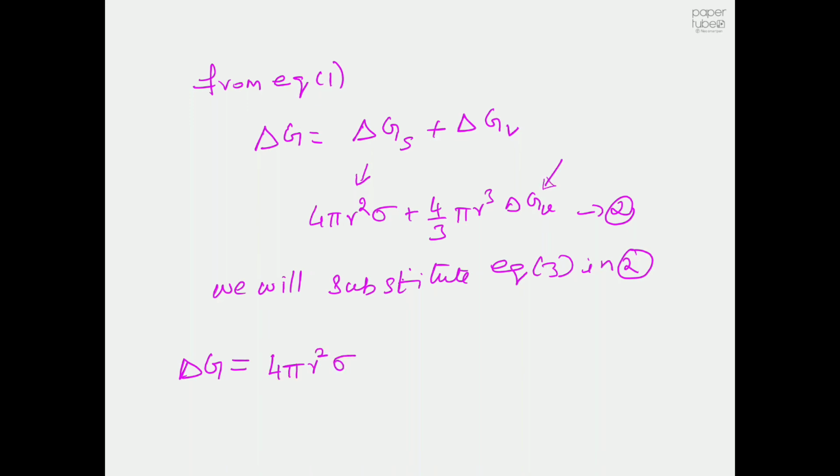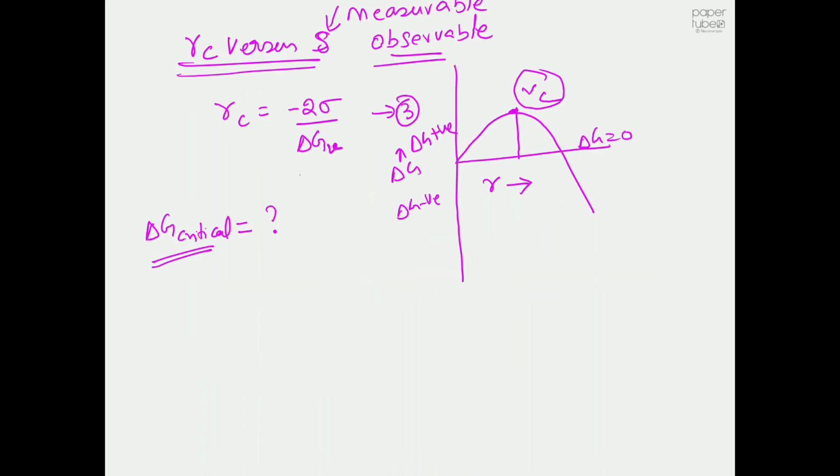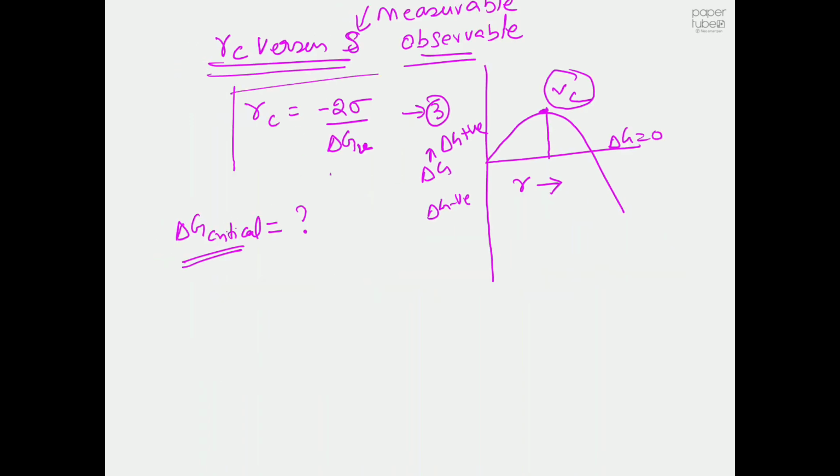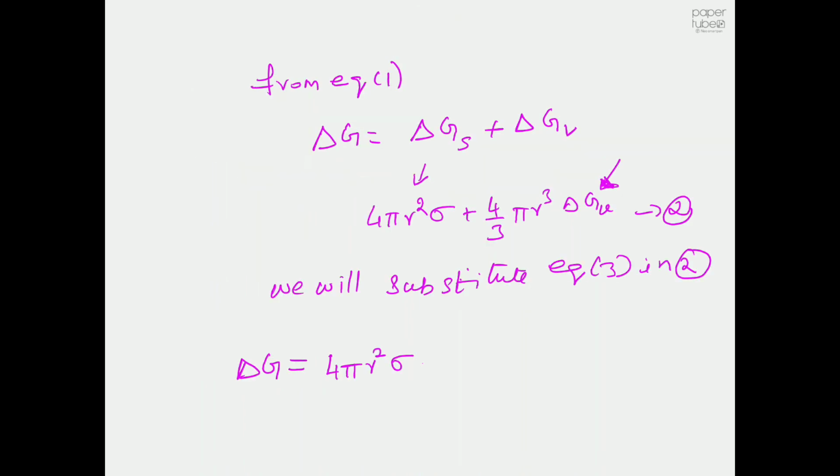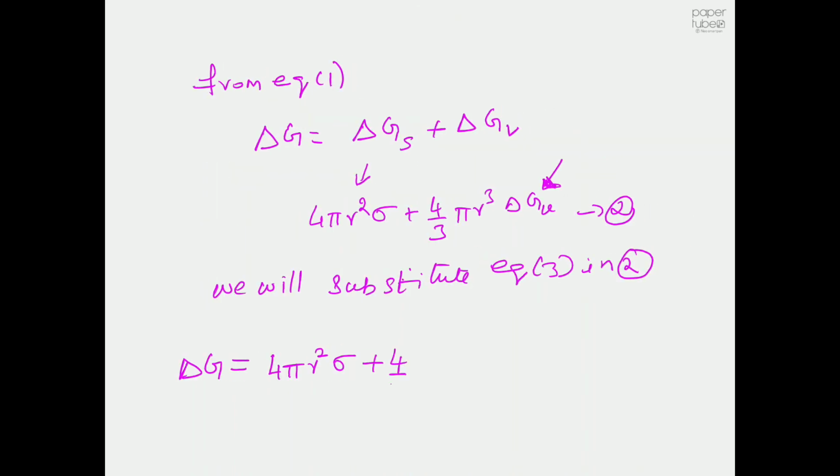I'm going to substitute the delta GV value here, which is in equation 3, plug it into equation 2, so plus 4 by 3 pi r cubed. So delta GV is minus 2 sigma divided by RC. So let's expand this one. This is very easy to solve.